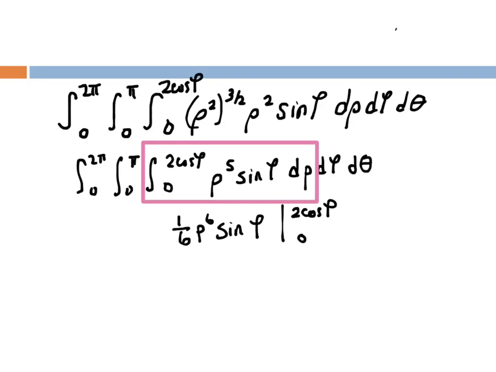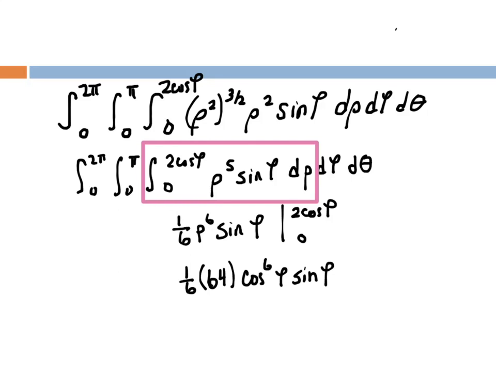But if we evaluate at 2 cosine of phi, this starts to look like something we've seen earlier in this lesson. So I have 1/6. I have a 2 to the 6th, which is actually going to give me 64. And then I have the cosine to the 6th of phi and sine phi.